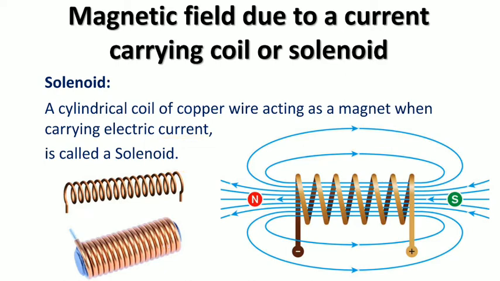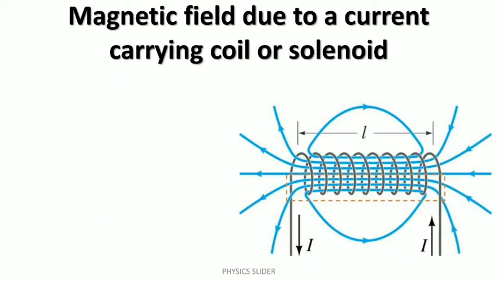So when we supply the electric current in this, then it represents itself as a magnet, and the north pole and the south pole are produced. So if we bring a magnet nearby this solenoid, either it will attract the magnet or it will repel the magnet. So we will say that this solenoid is representing the magnetic properties. Now watch here.